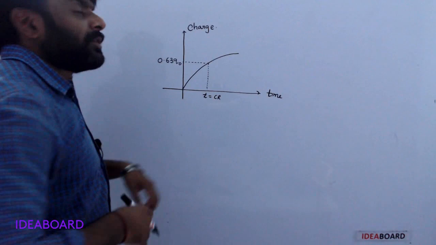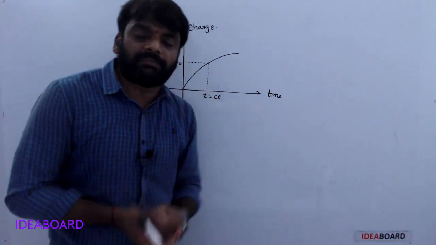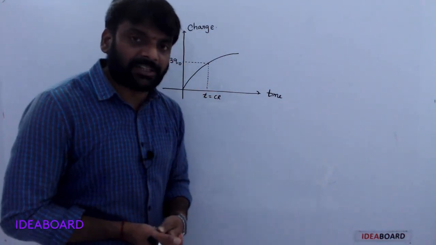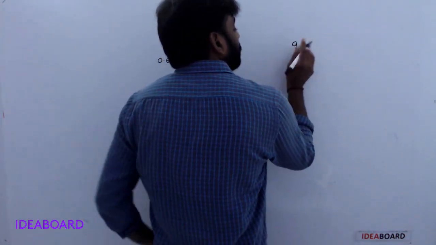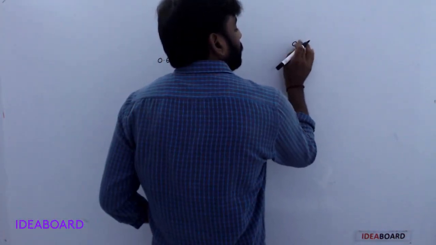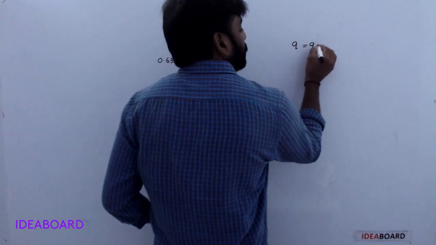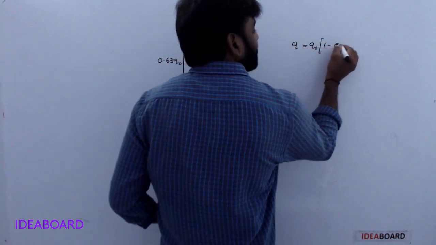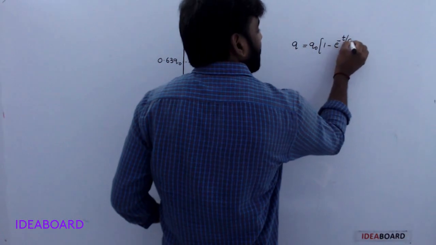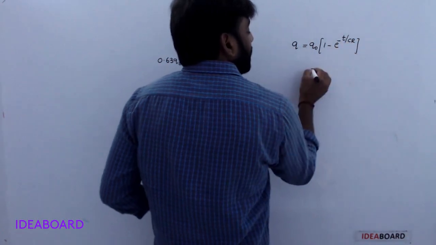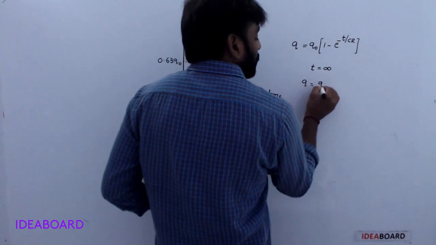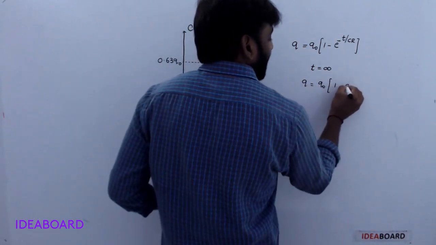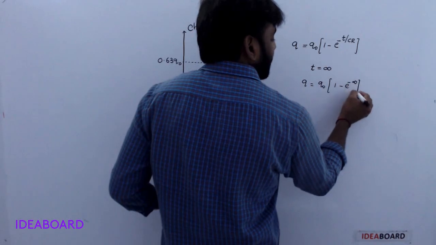At what time does it reach the maximum charge? You don't know. First of all, Q is equal to Q naught into 1 minus e power of minus t by CR. If t is equal to infinity, Q is equal to Q naught into 1 minus e power of minus infinity.